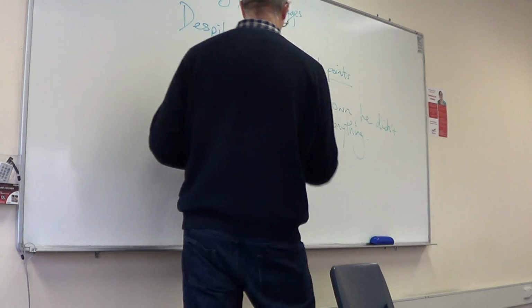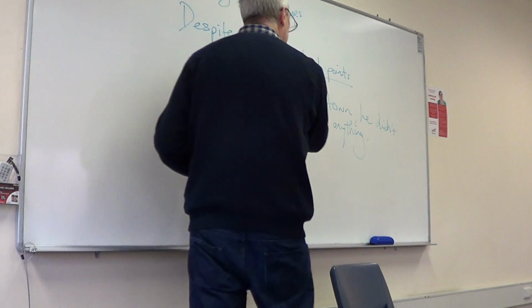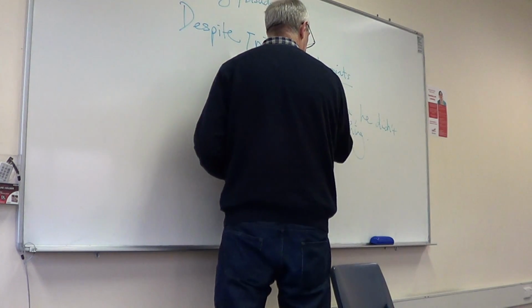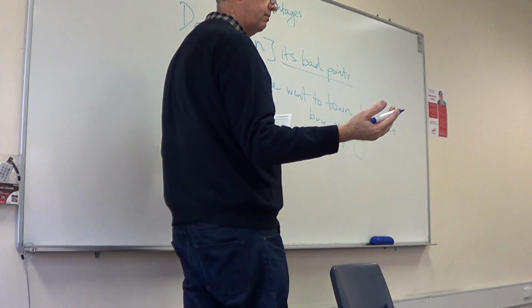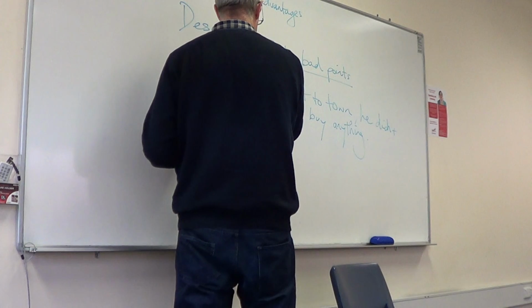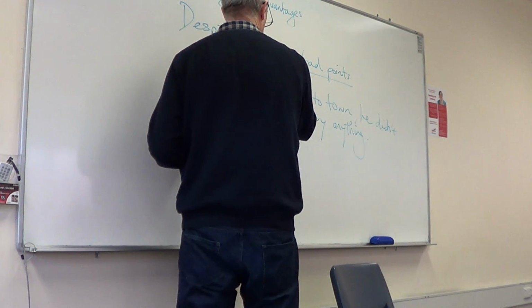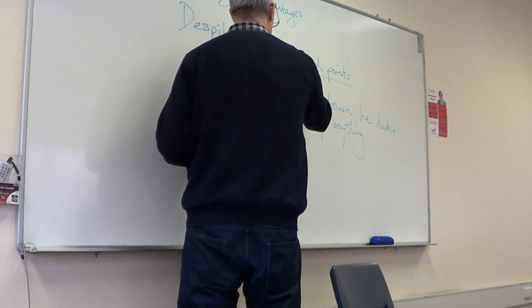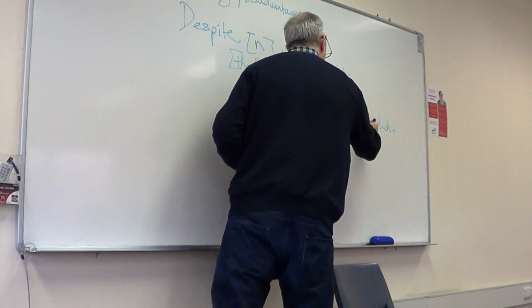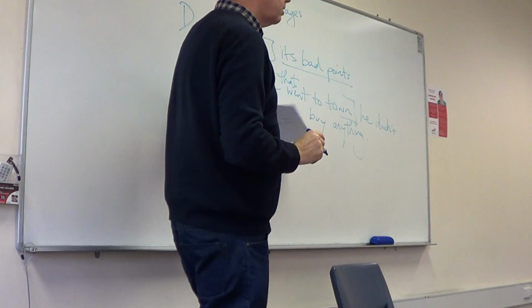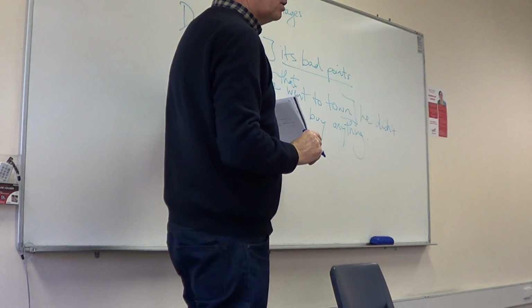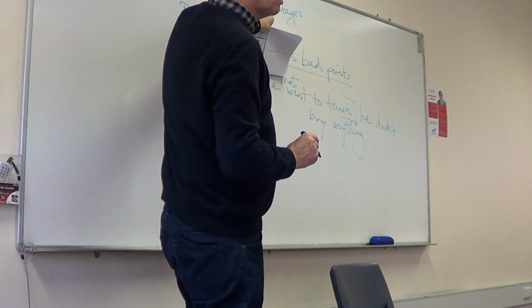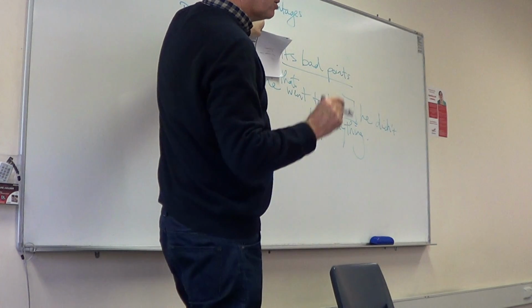You can't say that: despite he went to town. He went to town, it's not a noun. Despite the fact that he went to town. Despite that thing. Now we've turned it into a thing. It's a noun clause. Without that, it's not a noun clause. It's a clause, he went to town, but it's not a noun clause.